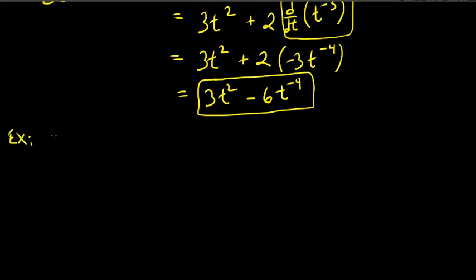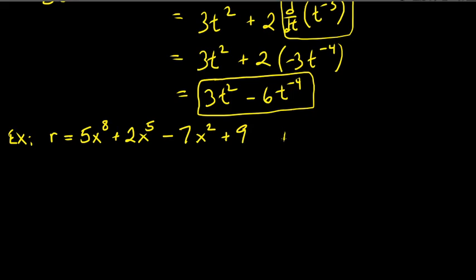So let's write it this way. How about r is equal to 5x to the 8 plus 2x to the 5th minus 7x squared, oh, plus 9.